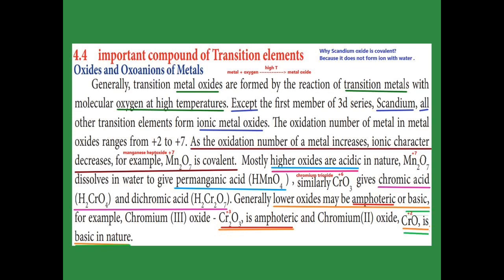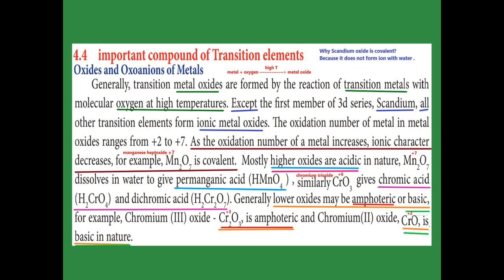It is also in a higher oxidation state, so in water it gives chromic acid, that is H2CrO4, and dichromic acid H2Cr2O7. But in lower oxidation states, sometimes they give amphoteric oxides. What is amphoteric? It gives both acid and base. For example, amphoteric chromium trioxide, where the chromium oxidation number is +3.